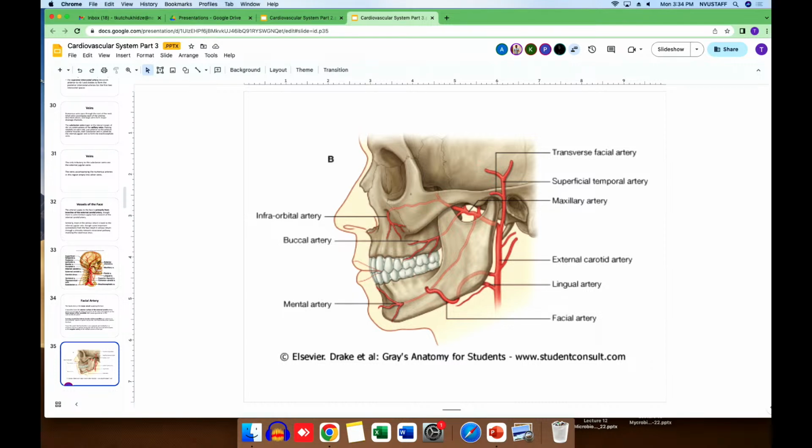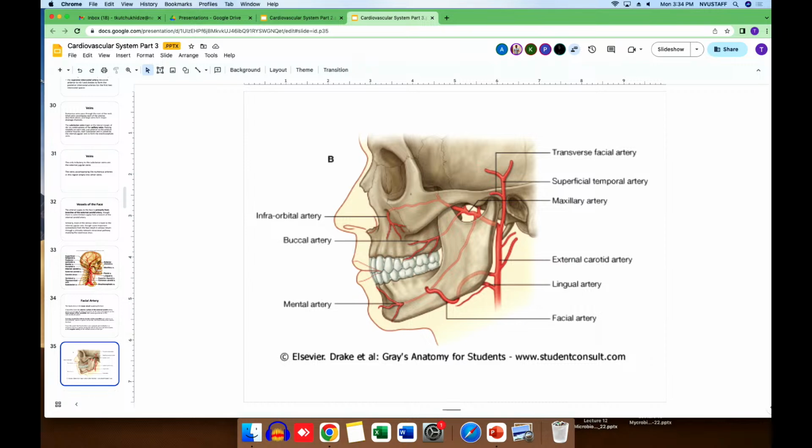To see another photo for that. So here, it is our external carotid artery, right? And this is our facial artery, how it curves around the angle of our mandible, right? And then goes up medially. Here we have a cut photo to show the angle.